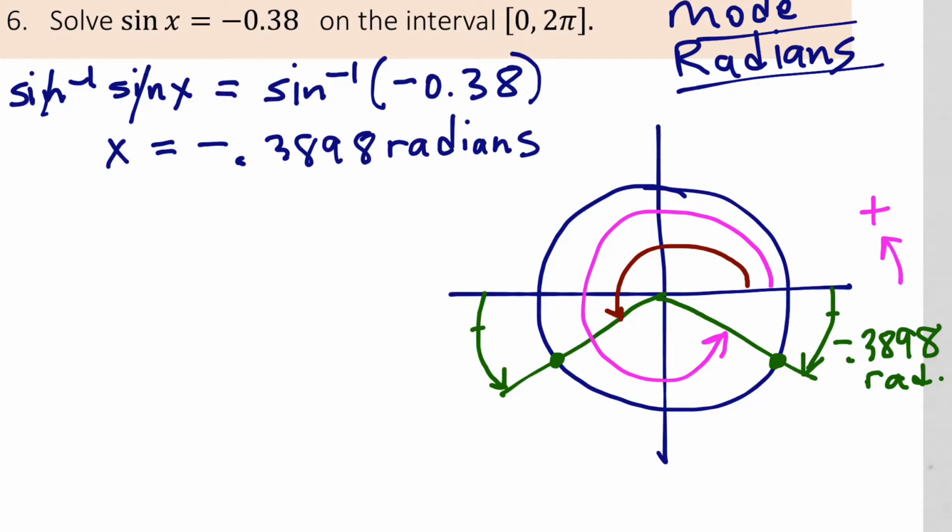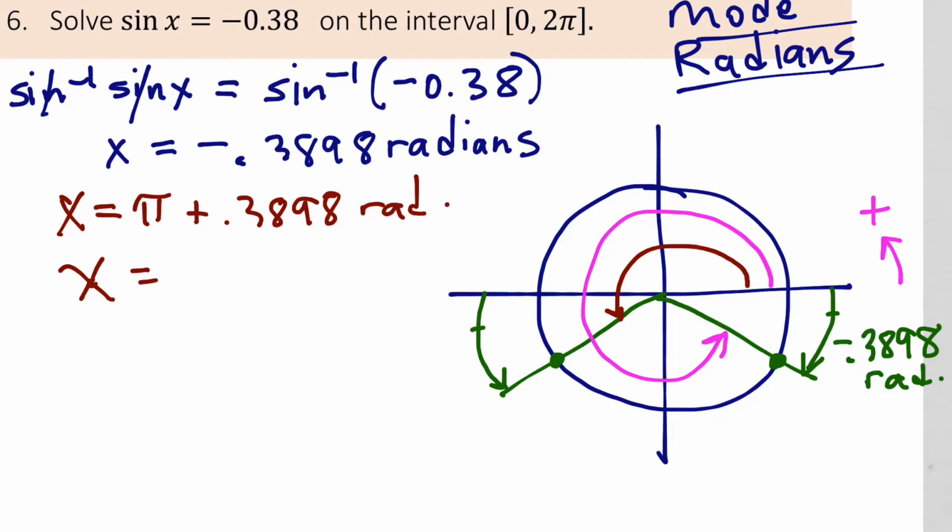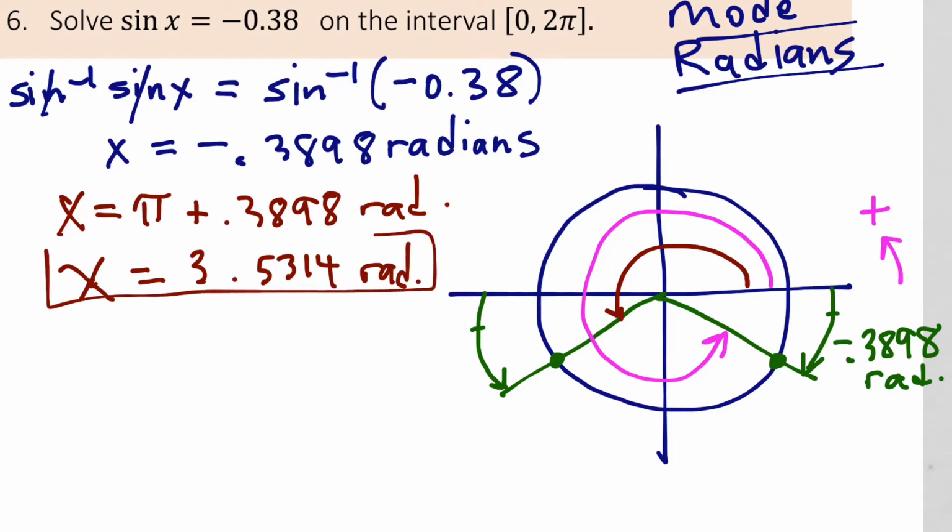So my red one is the angle x equal to pi plus an additional 0.3898 radians, which gives me 3.5314 radians. So that's one of my angles.